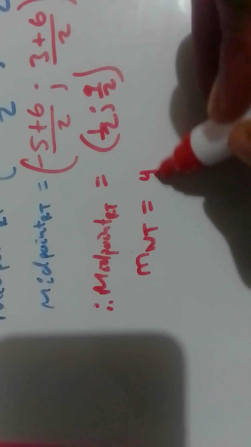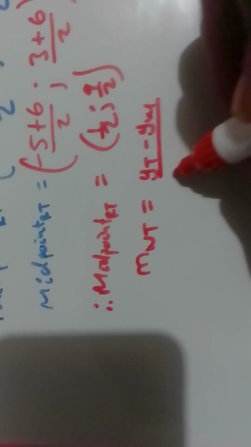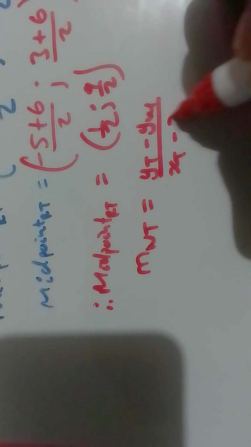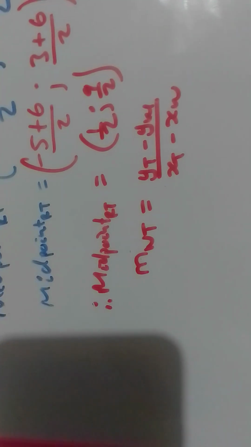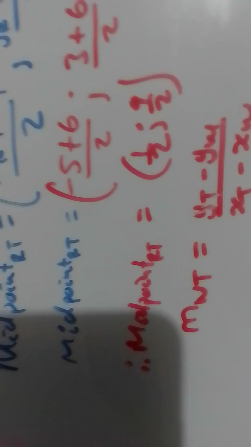YT minus YW all over XT minus XW. Now we come to the coordinates. The y coordinate of T is 6, so we write 6 here, minus the y coordinate for point W, which is equal to 0, all over XT minus XW.